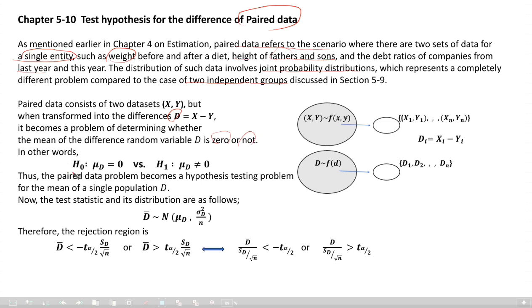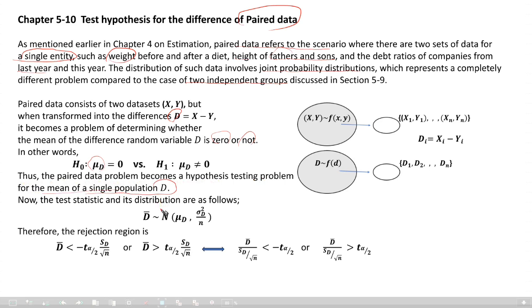In other words, H0: mu sub d equal to 0, versus H1: mu sub d is not equal to 0. There is a difference.